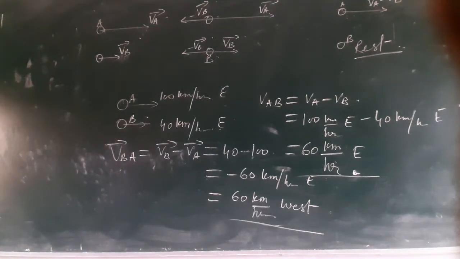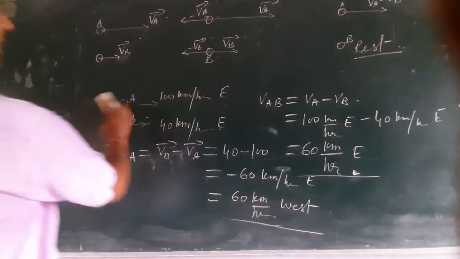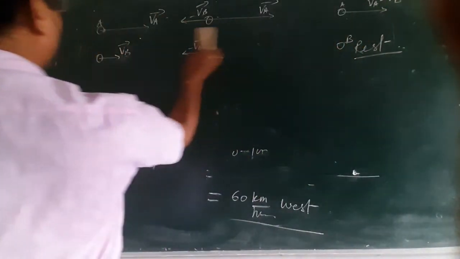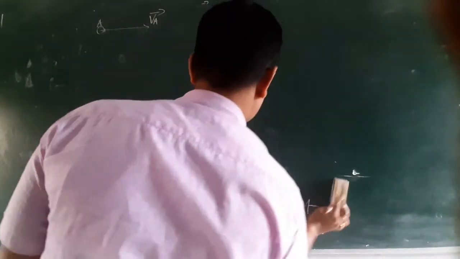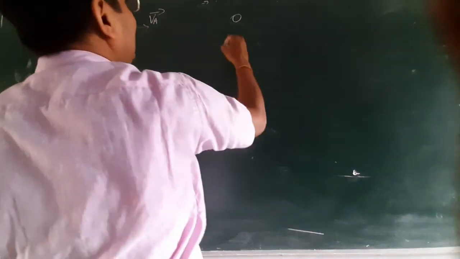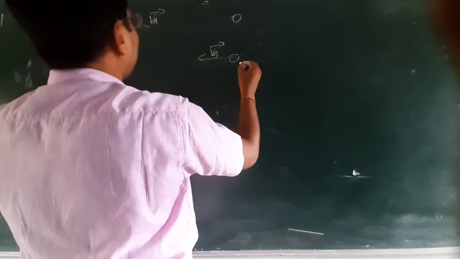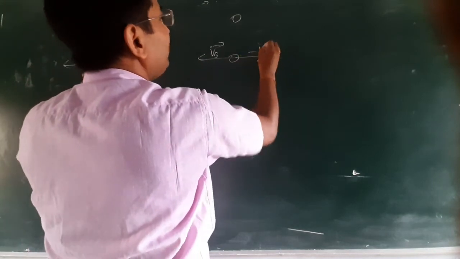Now come to the relative velocity of object A with respect to B if they are moving in opposite directions. They are moving in opposite directions. For example, I am supposing this is VB. In order to find the relative velocity of A with respect to B, B should be at rest, and in order to make object B at rest, add its opposite vector.